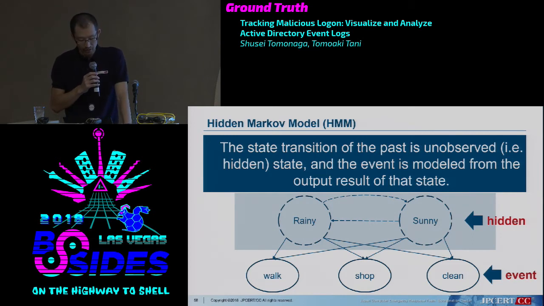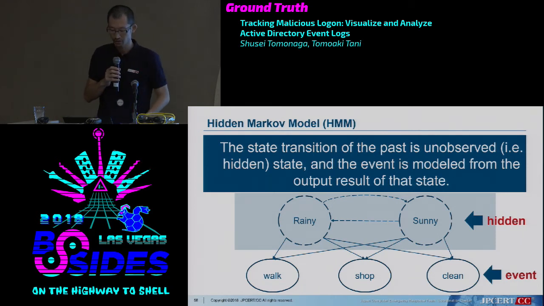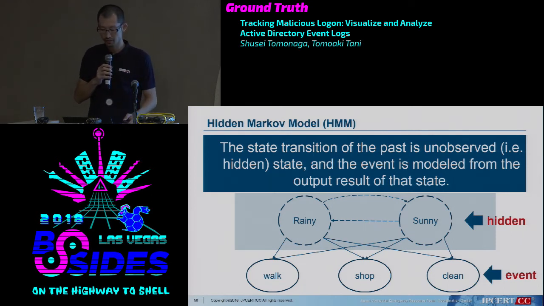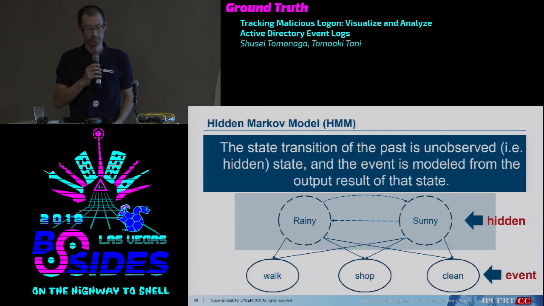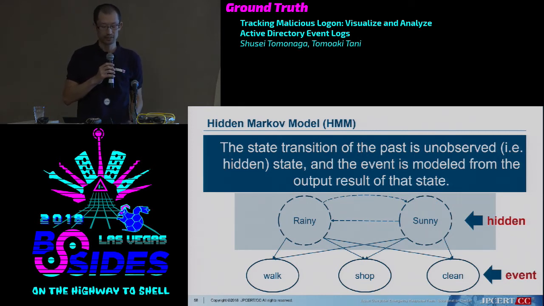For example, assume a person who repeats three events: walk, shop, and clean. The event to be conducted will depend on the weather at the time. However, the weather itself is not disclosed. When you only know the conducted event, you can infer the current weather. This is how the hidden Markov model works.